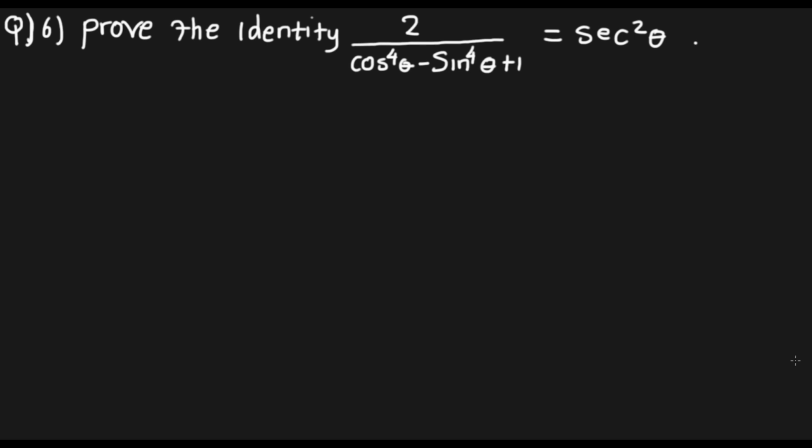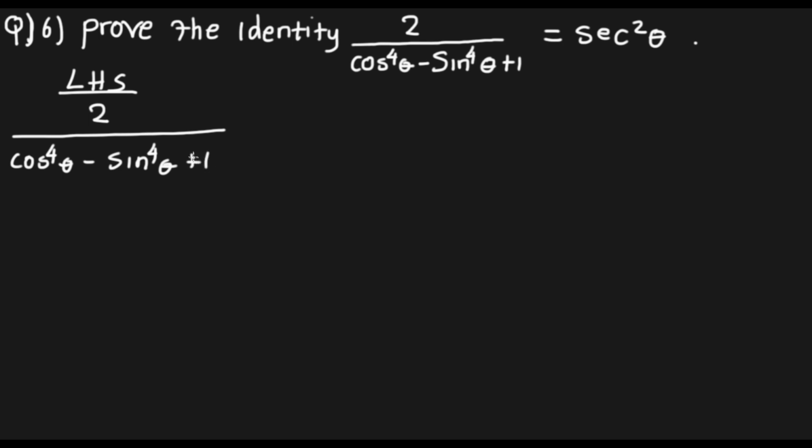So we are going to focus on the left hand side. I'm going to write the original expression: 2 divided by cos raised to the power 4 minus sine raised to the power 4 plus 1.